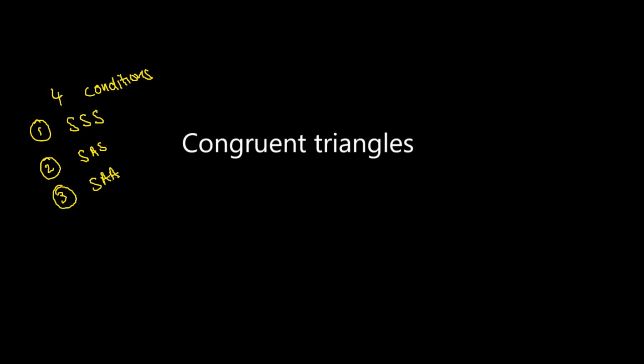One pair of corresponding sides are equal, and two pairs of corresponding angles are equal. And the last way has to do with the right angle triangle. It's right angle, hypotenuse, side. So for today's lesson, we are going to look at each condition of congruency. Okay, so let's look into that.